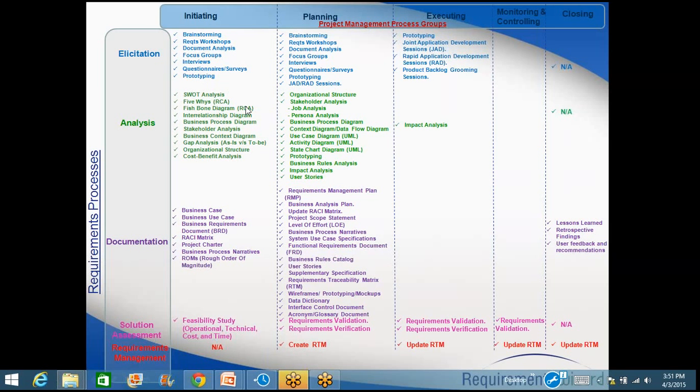Similarly, you have these techniques to analyze the requirements in this phase. Similarly, you have certain sort of documentation which you will be coming up with in the initiating phase of the project.